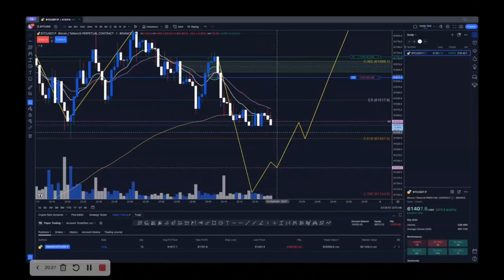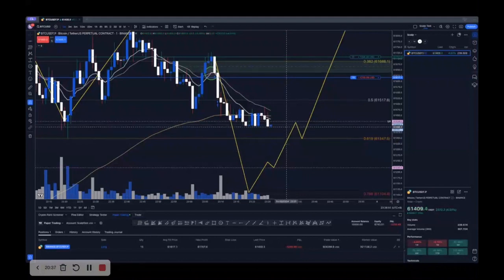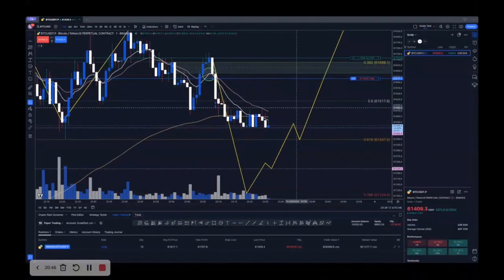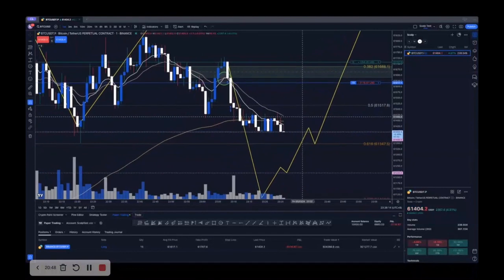This line is really holding well. 2 seconds. One. See how the next candle will do. Yeah. So buyer has held.